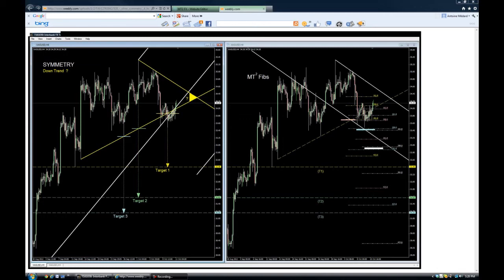As long as price is between these trend lines marked by this triangle, obviously price can either break upward or downward. Well, we say indeed that this is a trap.